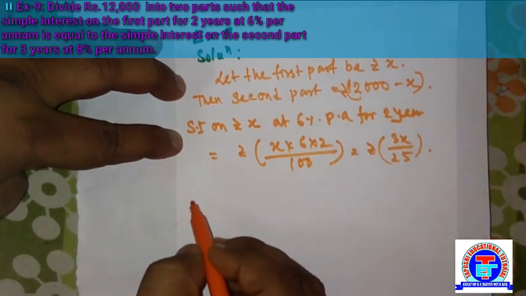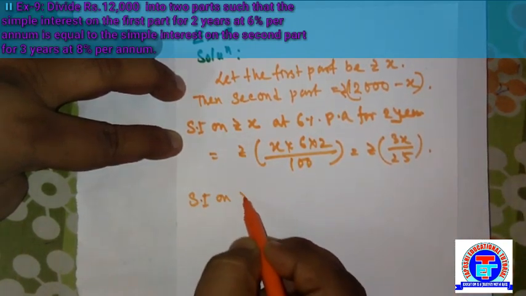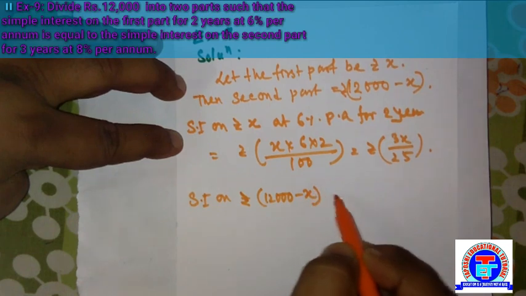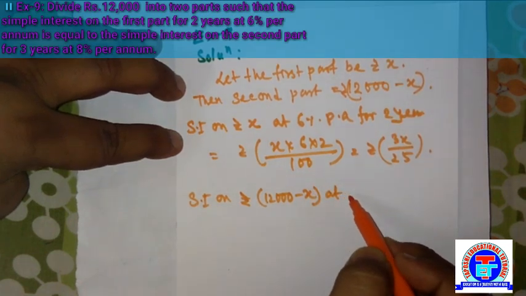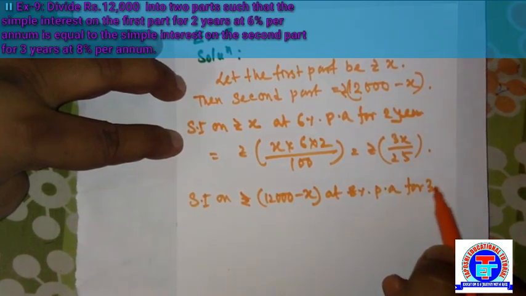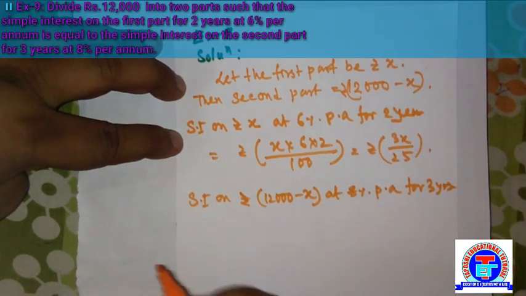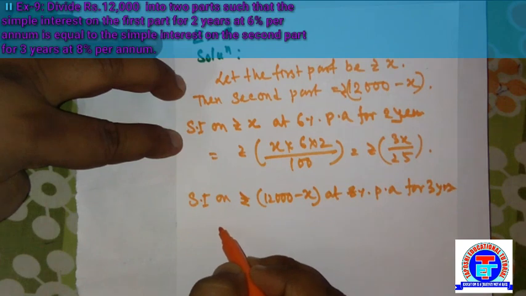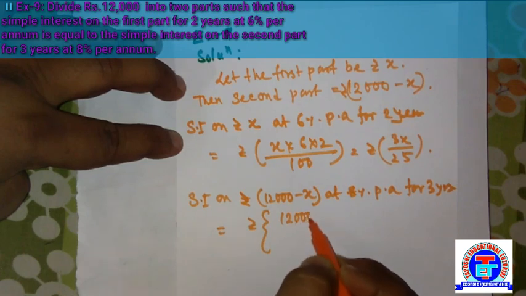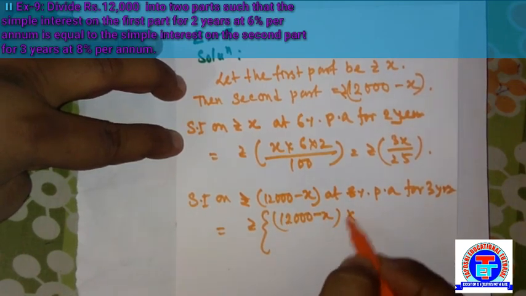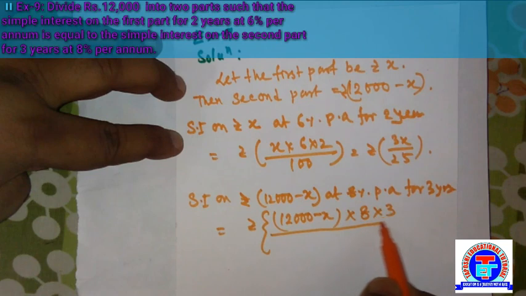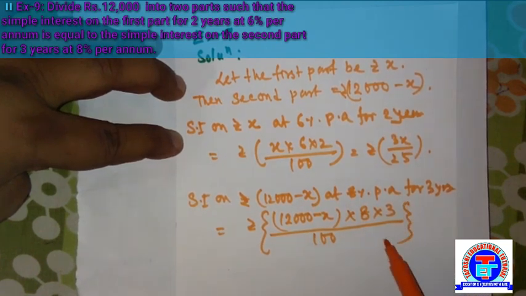right? Now SI on rupees 12,000 minus x at 8% per annum for 3 years will become rupees 12,000 minus x into 8 into 3 divided by 100, correct?